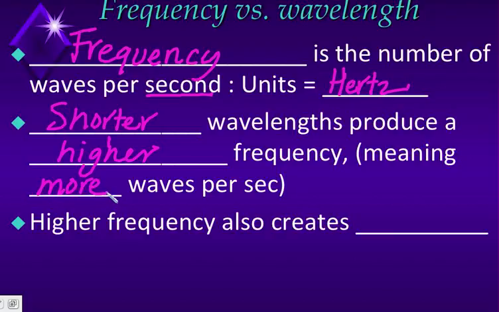Right? And so when we think about frequency, we think about how often something happens. If you frequent a restaurant, you go there quite a bit. So when I have waves that happen more frequently, that means that my frequency is going to increase. They're happening more often, producing more and more energy.